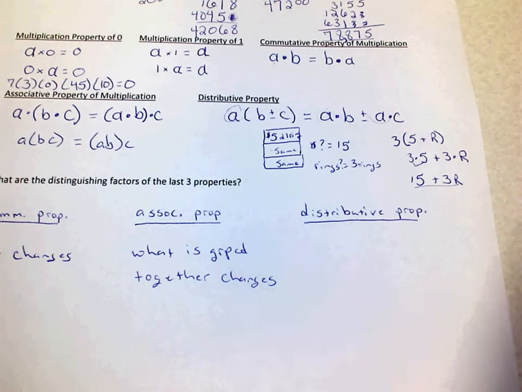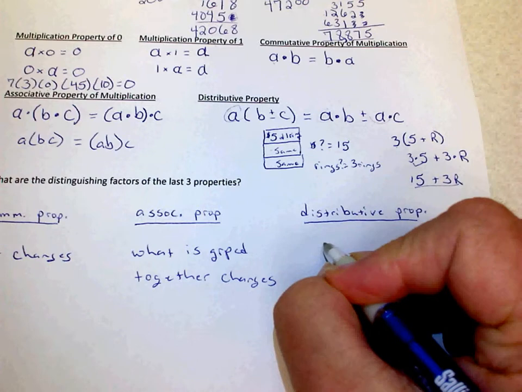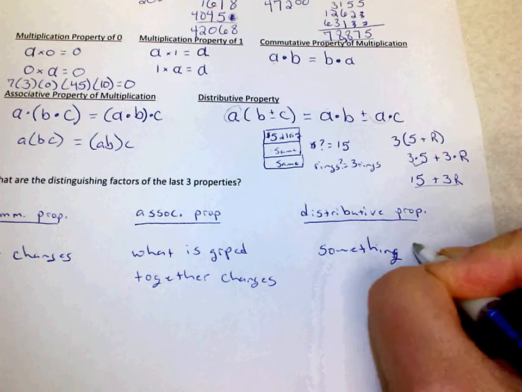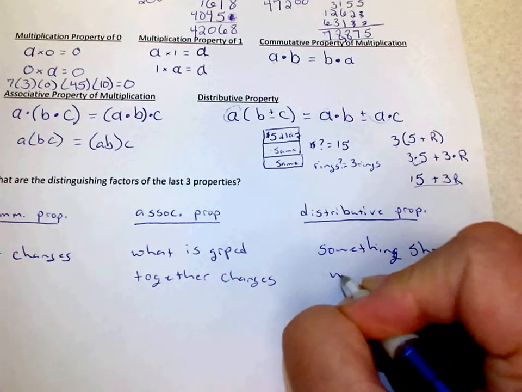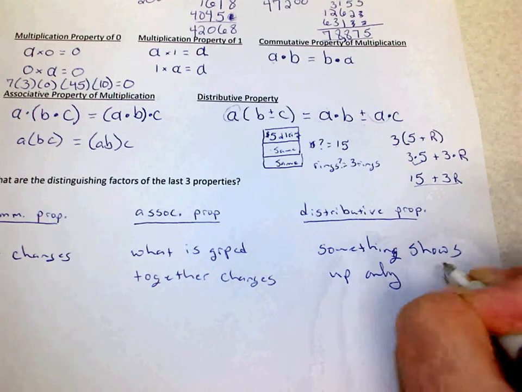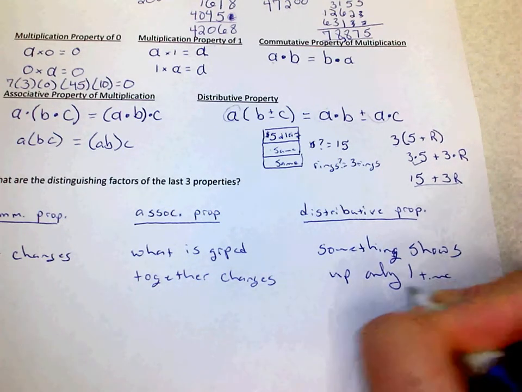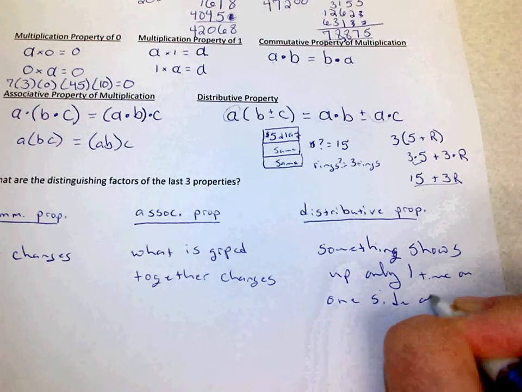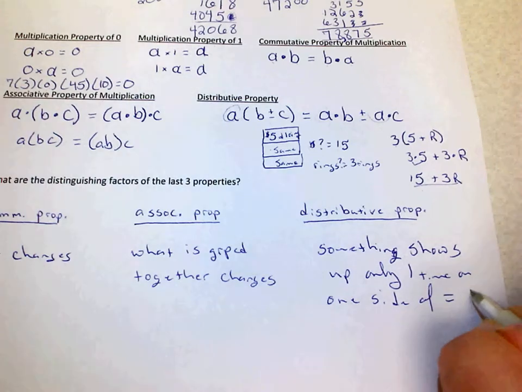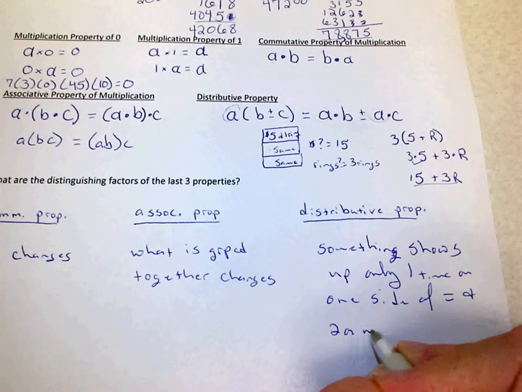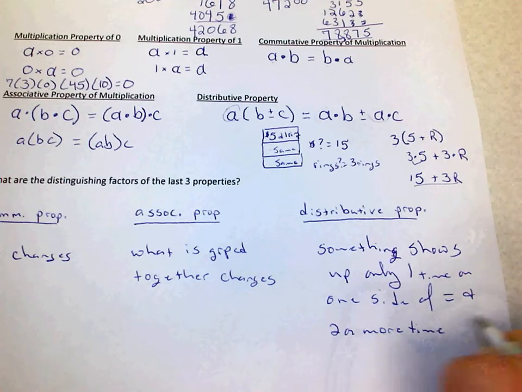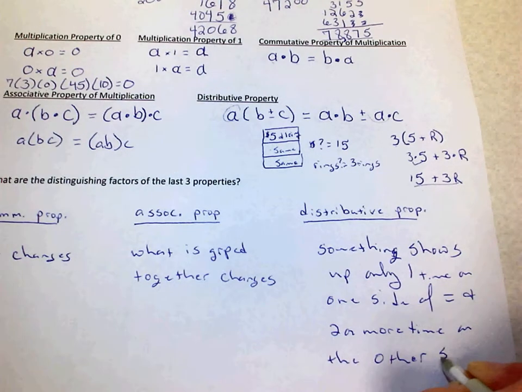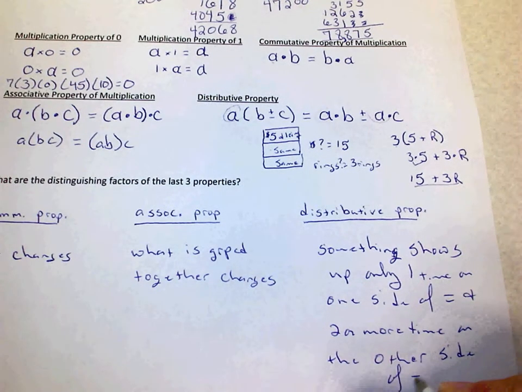So something shows up only one time on one side of equals and two or more times on the other side of equals. Those are the distinguishing factors.